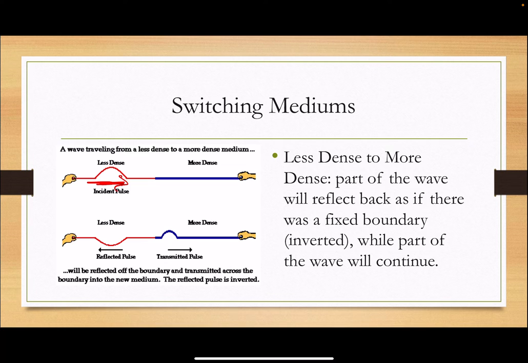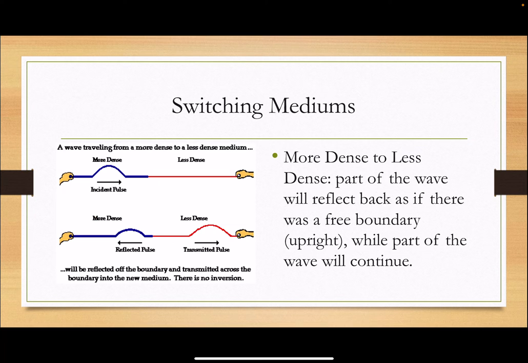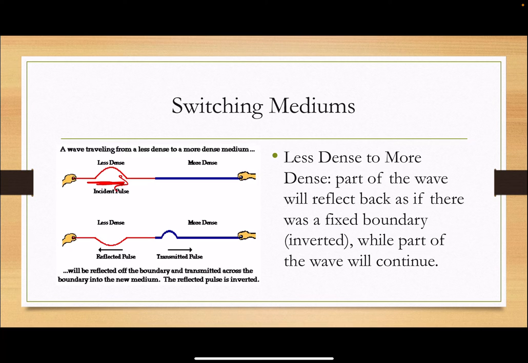That's going to happen in either case that we're about to talk about. Either way, some of the wave is going to continue upright. But when we talk about less dense to more dense, it acts as if there's a fixed boundary, in which case part of the wave gets reflected back inverted.